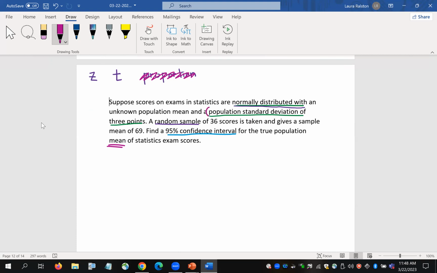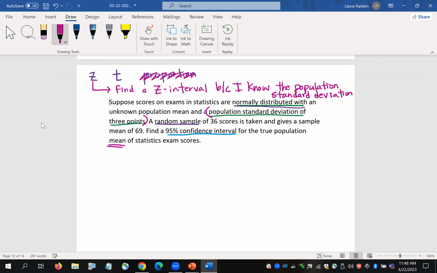The defining factor is the fact that this problem gives me the population standard deviation, which tells me I'm going to do Z. So I'm going to find a Z interval because I know the population standard deviation.